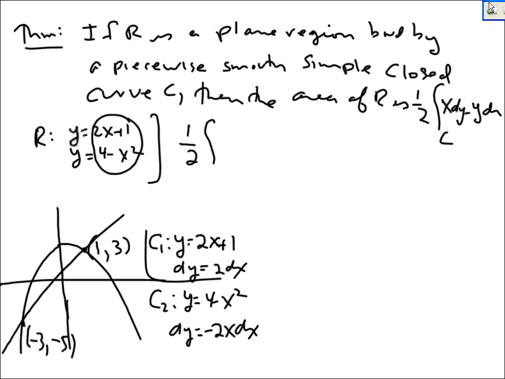Now, it's the upper curve minus the lower curve. The upper is what I'm calling C2. So it's 1/2 x dy, but dy is 2 dx.